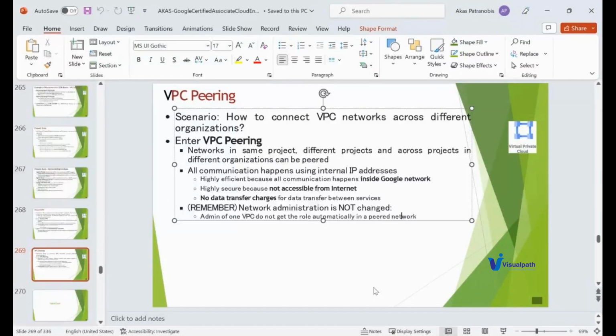He or she does not have admin privileges in VPC B, so cannot see the configurations done in VPC B. The admin is limited in privileges to that VPC only. So this is what VPC peering is about.